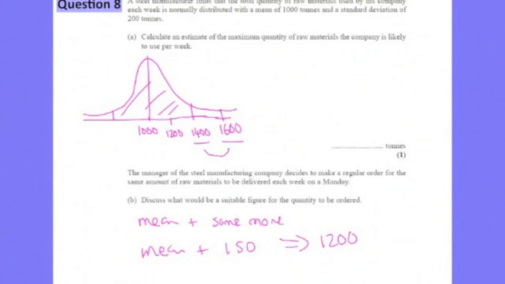So if you were to suggest a suitable figure for a weekly delivery, you need to go for either of these options. Ordering the maximum every single week would be wasteful and would result in stock building up. So a suitable figure would be somewhere between these two values here.